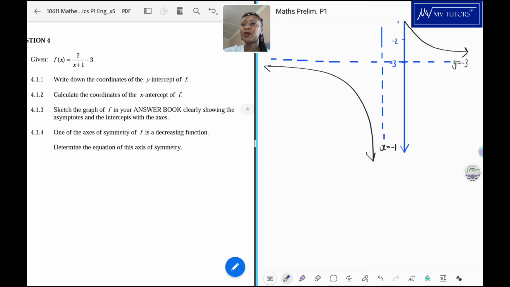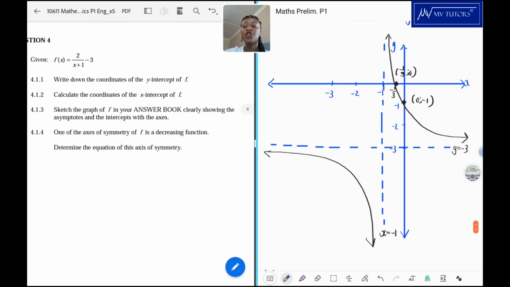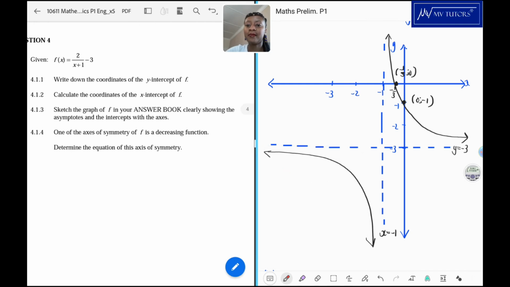We have drawn it. So now 4.1.4. It says one of the axes of symmetry of f is a decreasing function. You do know with a hyperbola, you have axes of symmetry. I'm going to indicate that with red.